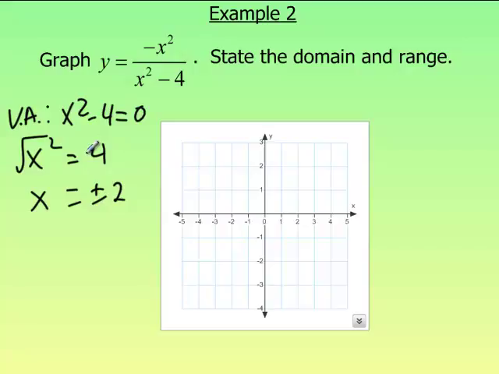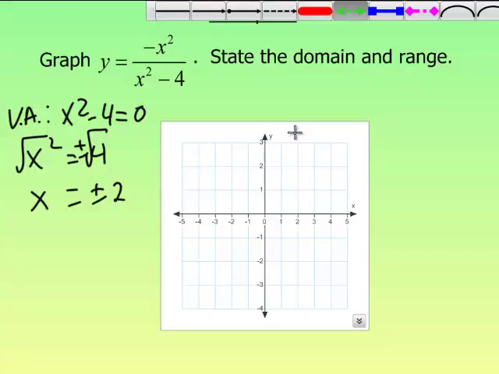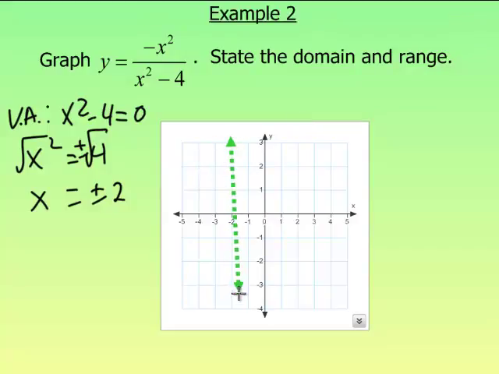So recall, because I'm pulling in a square root, I'm going to do plus or minus, since I do that when there isn't a square root already. So I'm pulling it in, so we have to find both, plus and minus. So I'm going to go ahead and draw those in. So one at -2 right here, and one at +2 right here.